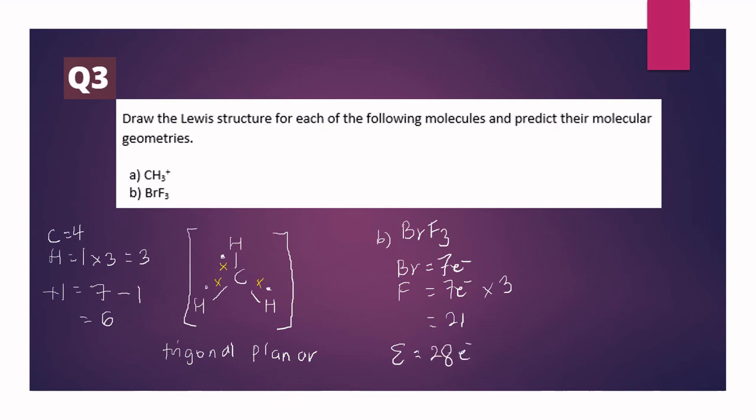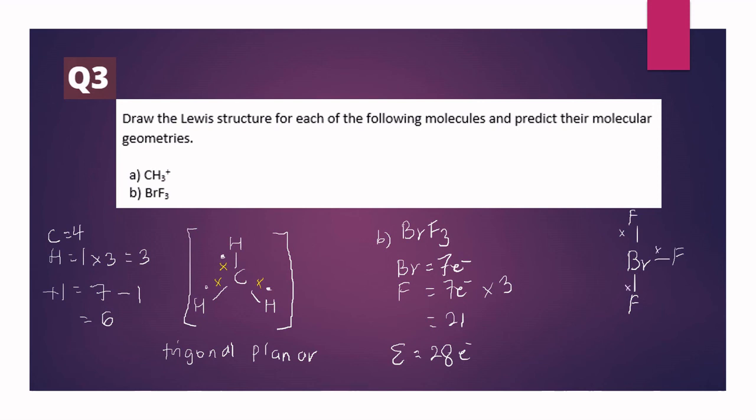So when we have 28 electrons, what we can do is we have Br with 3 fluorines. Now we know that fluorine has 7 electrons, so this 1 electron is coming from the fluorine.